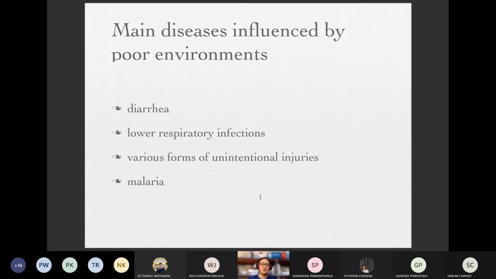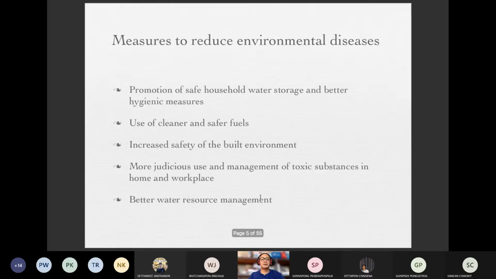So this is also a kind of unintentional injury caused by the poor environment. Malaria, as I said, is also related to water, so we also classify malaria as a waterborne disease. These are some examples of the major diseases that could be caused by the poor environment.